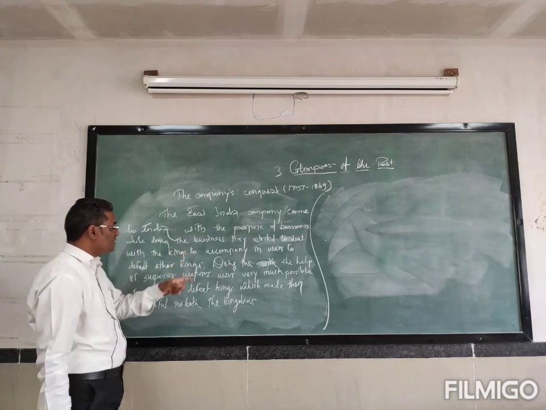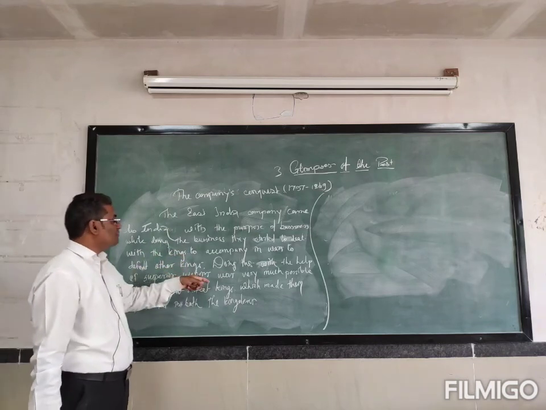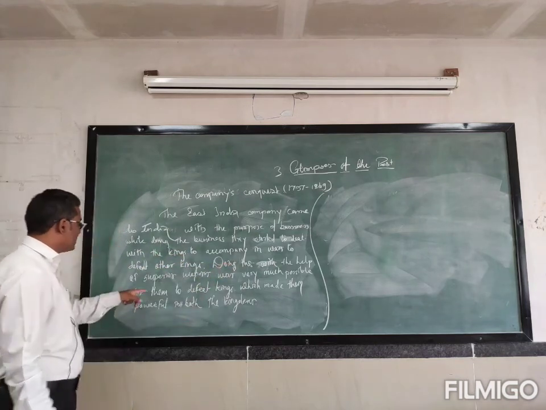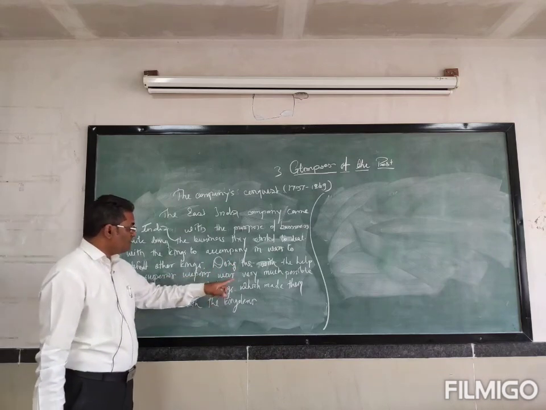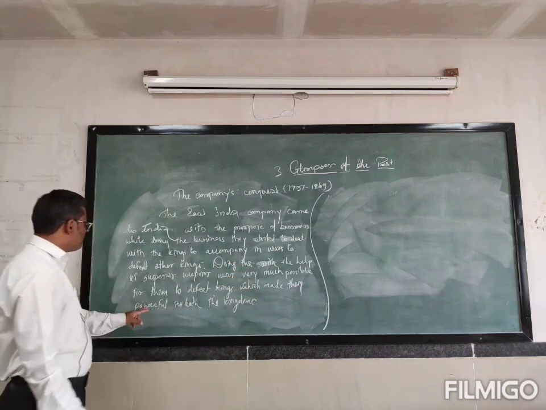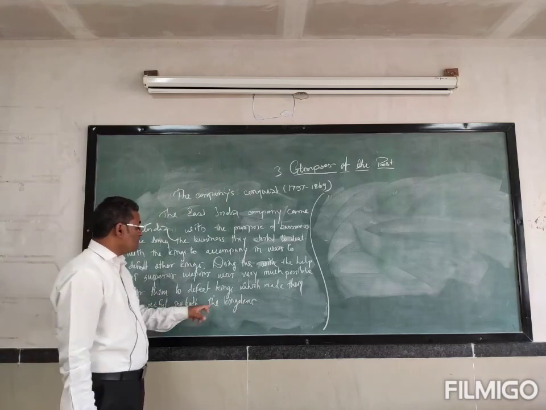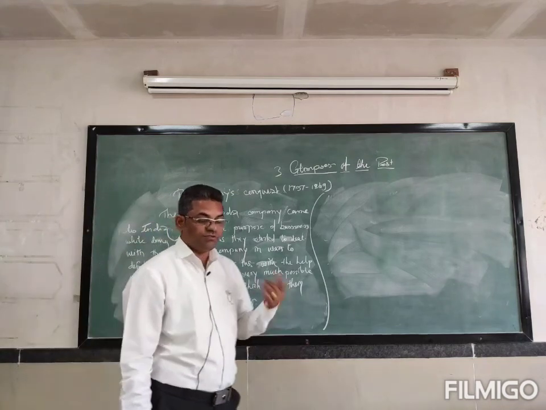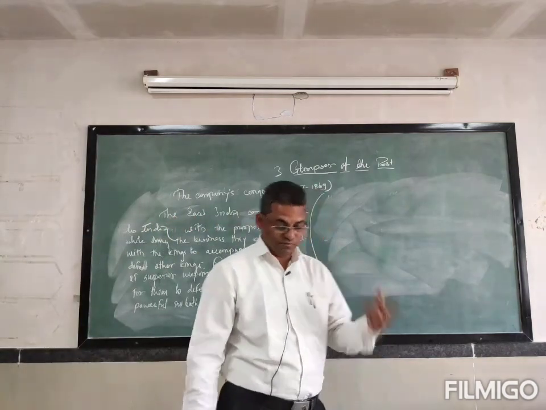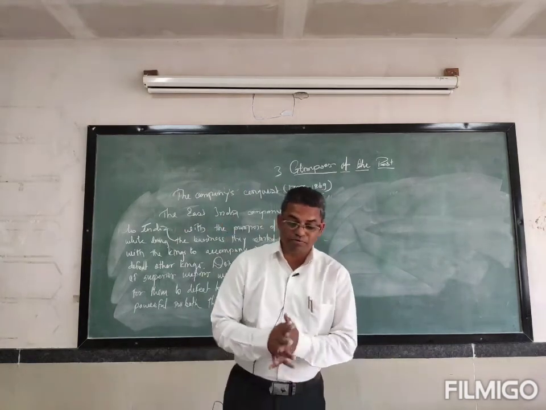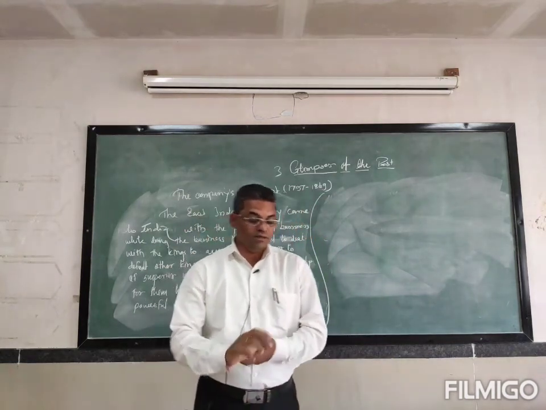Doing this, with the help of superior weapons, it was very much possible for them to defeat the kings, which made them powerful in both the kingdoms, the one which lost and the one which won the war. In both places they were becoming powerful.